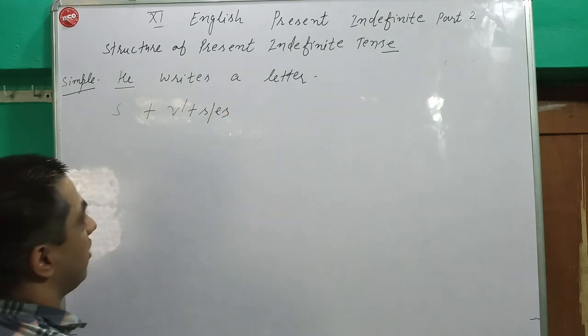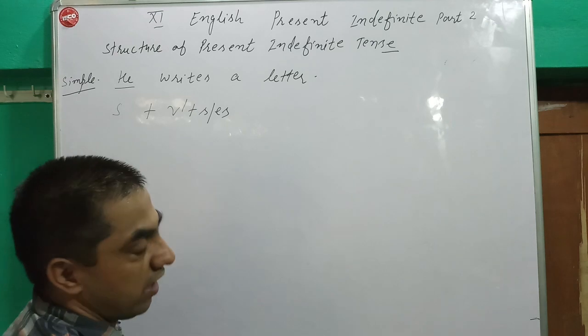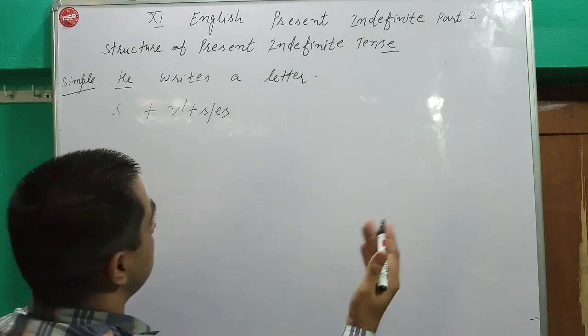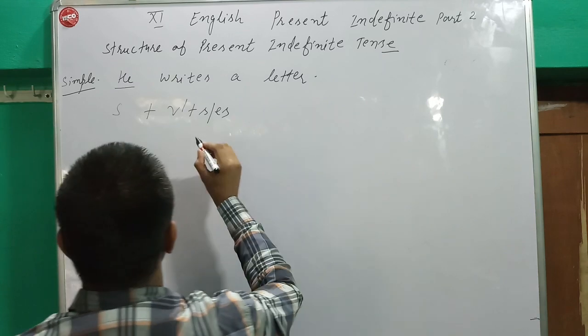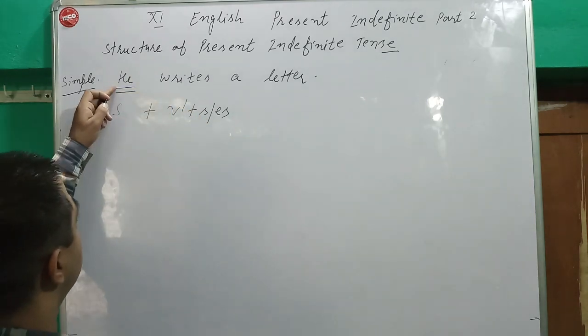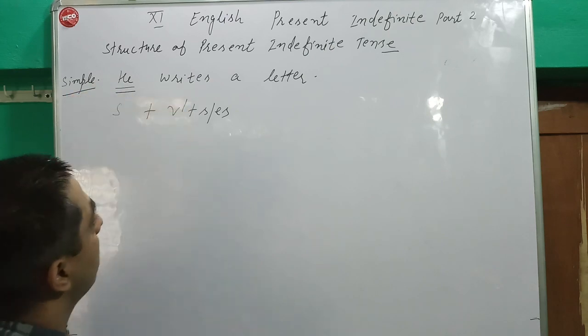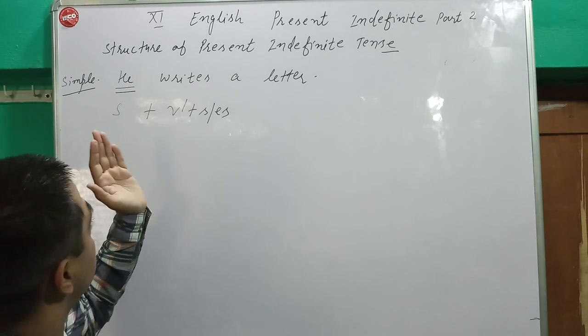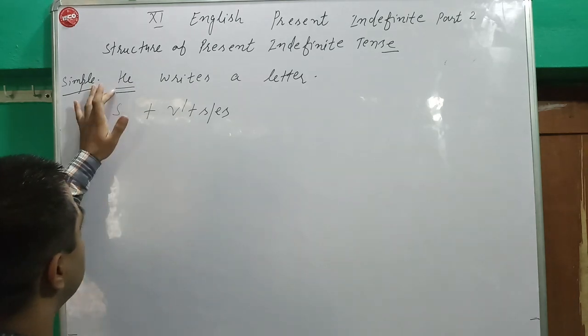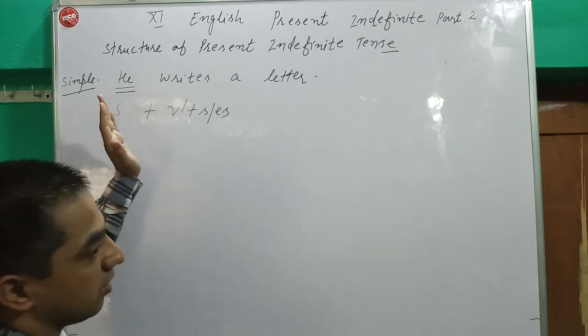In my last video I taught you how to add s or es in a simple sentence of present indefinite, but the condition is that you should use s or es along with the first form of the verb when the subject is he, she, it, any singular thing, or any name.